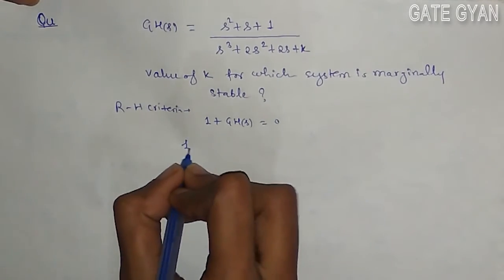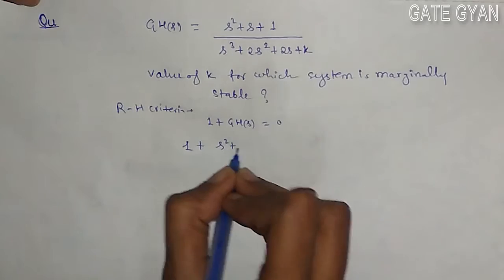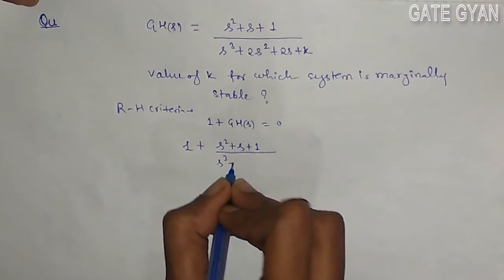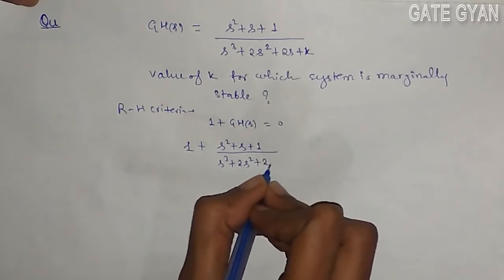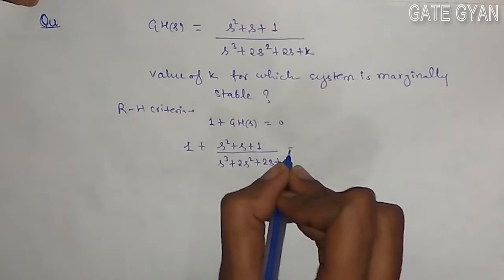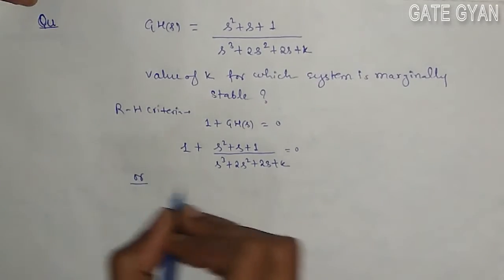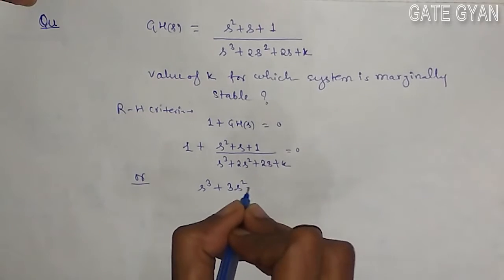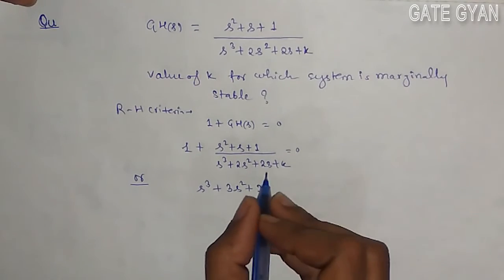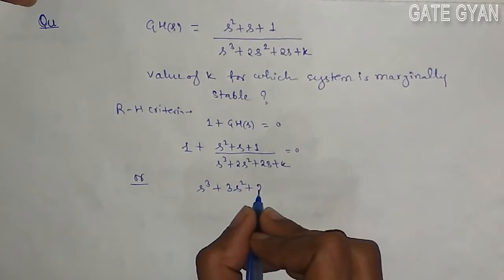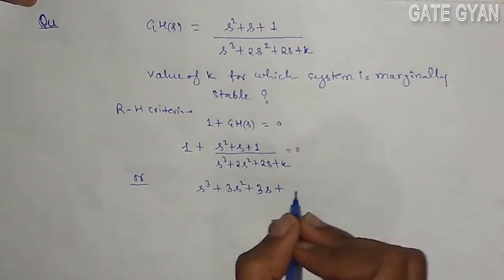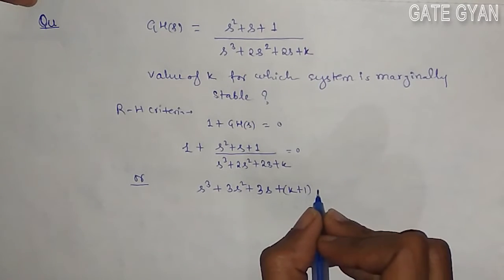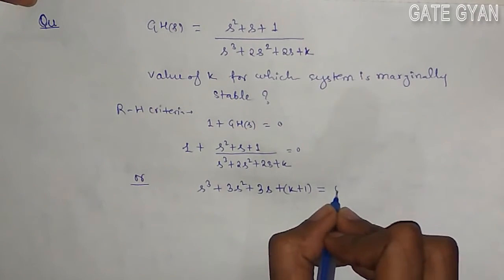So this is going to be 1 plus (s squared plus s plus 1) upon (s cubed plus 2s squared plus 2s plus K) equal to 0. Or we can say s cubed plus 3s squared plus 3s plus K plus 1 is going to be equal to 0.